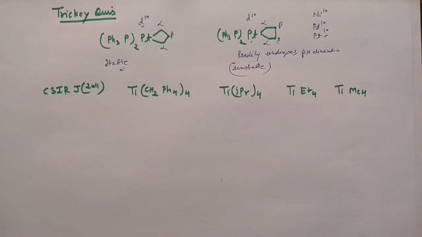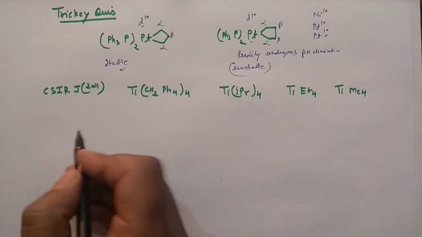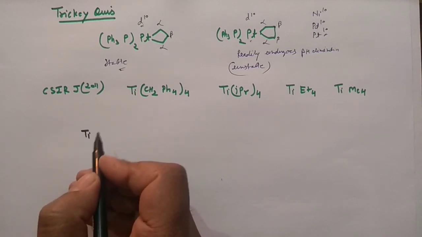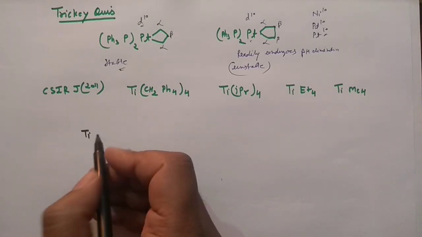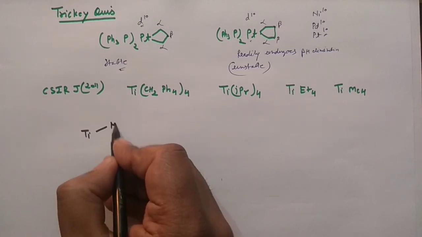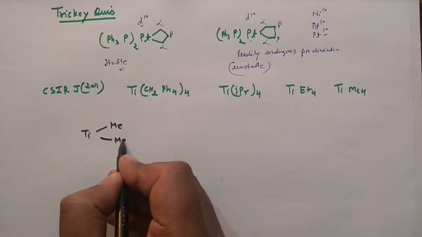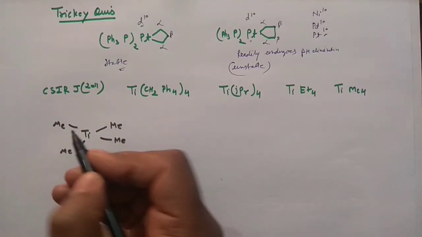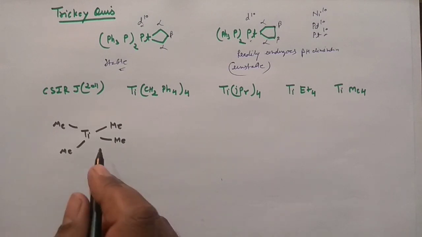So to solve this particular question, how can you approach? Don't bother about anything. Draw the complex first. Say this is my titanium, and this titanium is having 4 methyls, and this is the first complex.